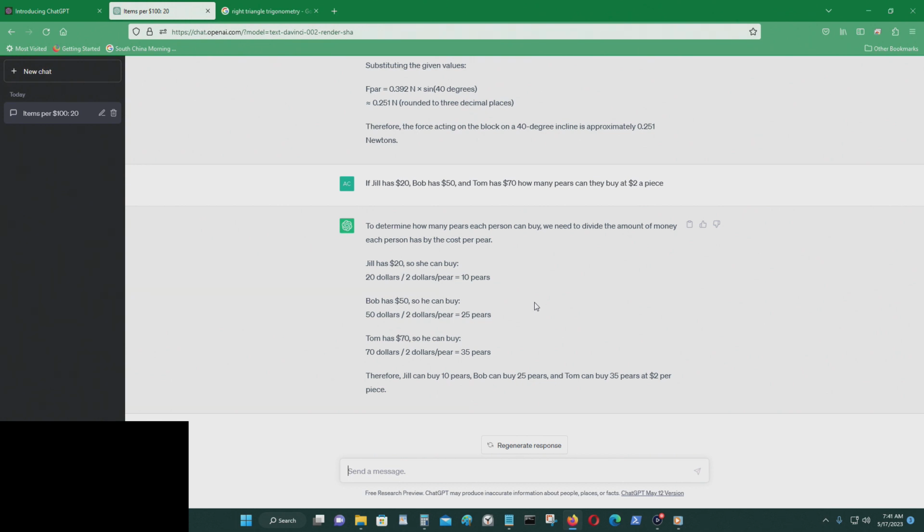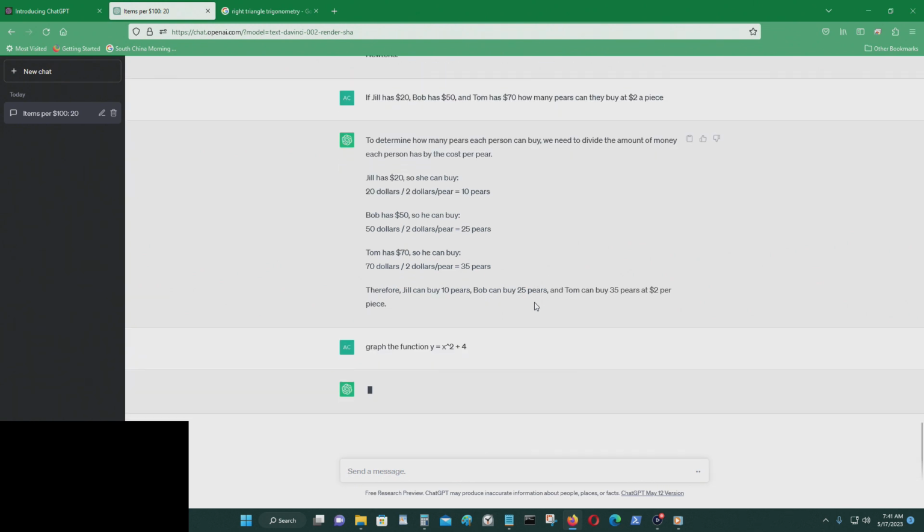Okay, let's do another thing. Graph the function y equals x squared plus 4.